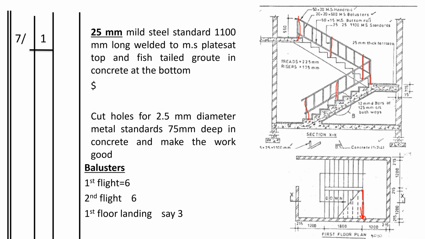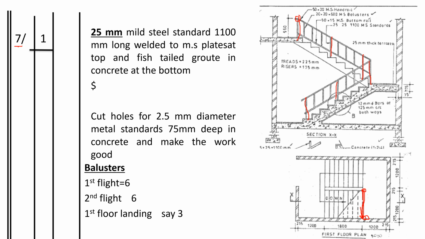So we have assumed 1 and we have added it. This one is according to what you want. You can just take off what you're given, or you can add 1. So for my case, I have added 1 because this one has to be there. We have to have some railing here. So there are 7 standards.